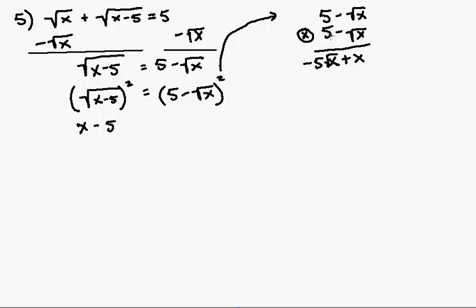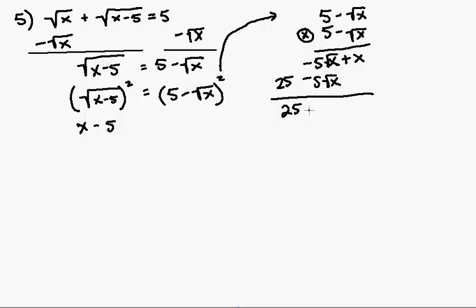Moving over to the bottom expression, the left term, I go 5 times negative square root of x is negative 5 square root of x. And then I multiply directly above 5 times 5, and I get 25. Now I simply add my columns, which have like terms.